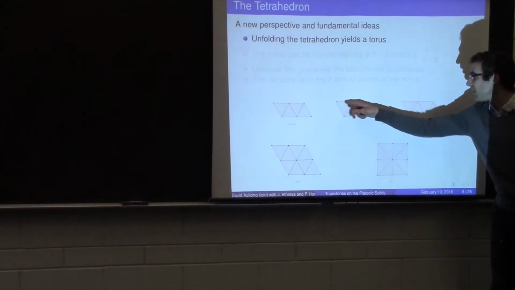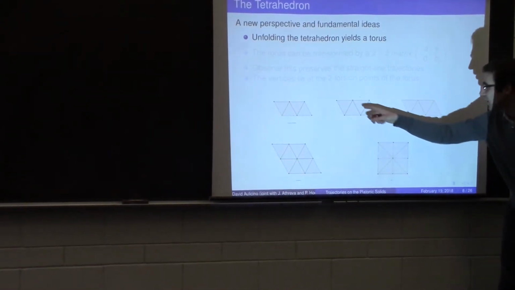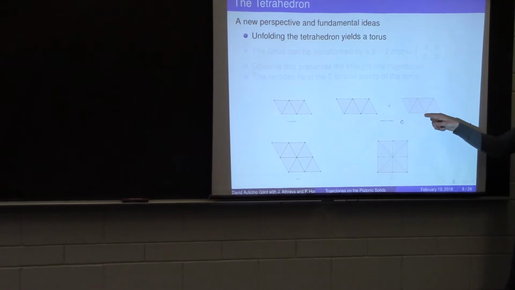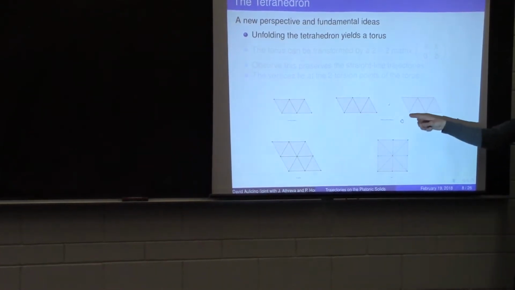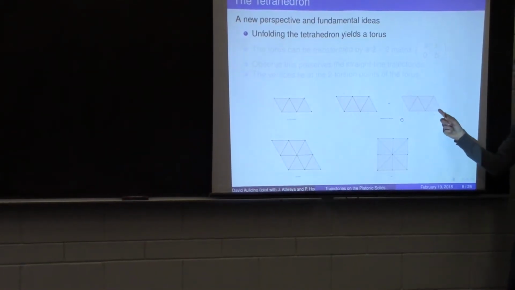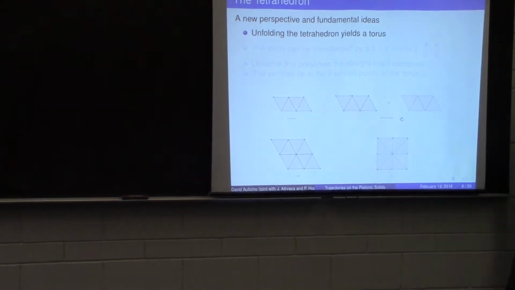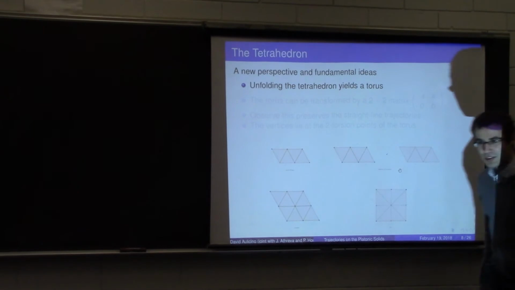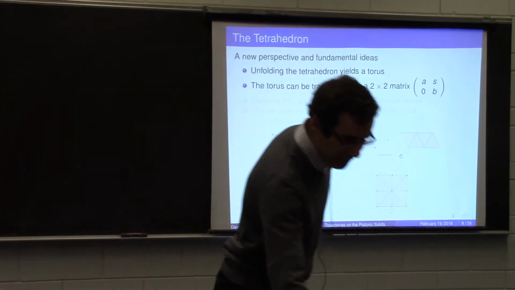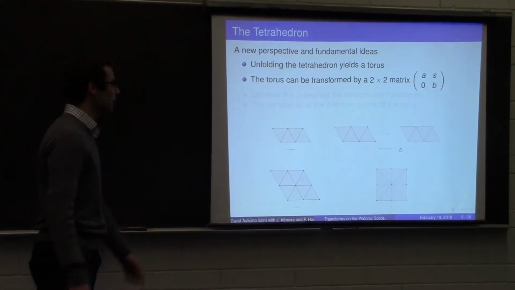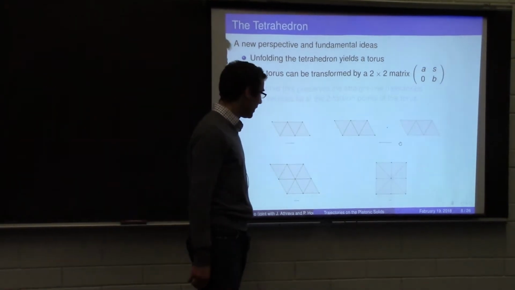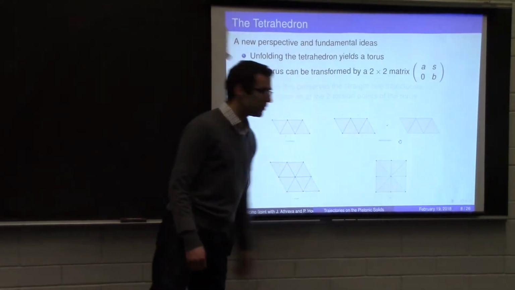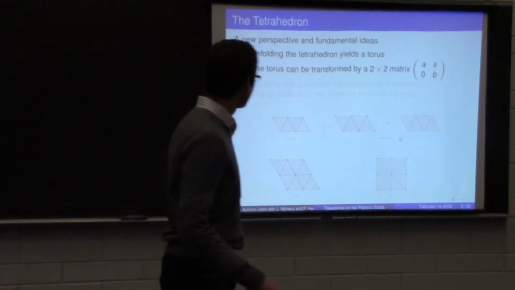But now instead of gluing this to this, the rotated copy of this lies down here. So this is going to be glued to this, and indeed we're going to get this with opposite sides glued. Well, just use a 2 by 2 matrix, you can work out what A, B, and S are, and get that you can transform this into a square.